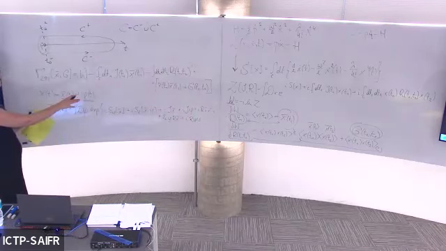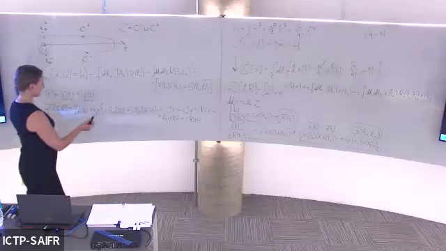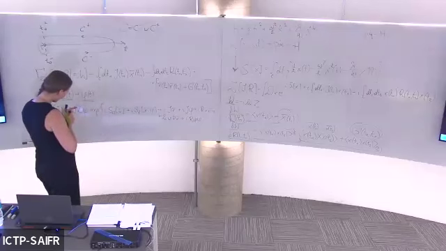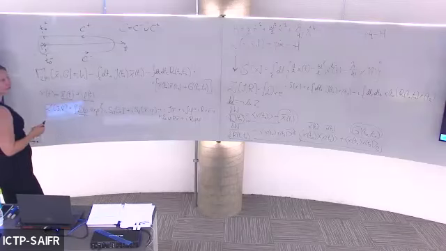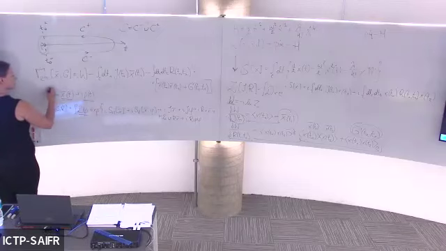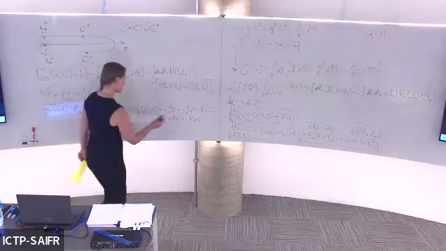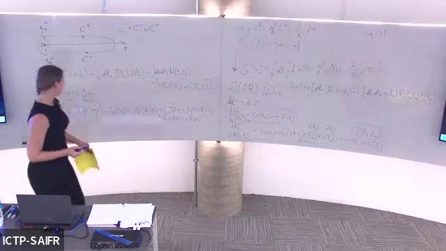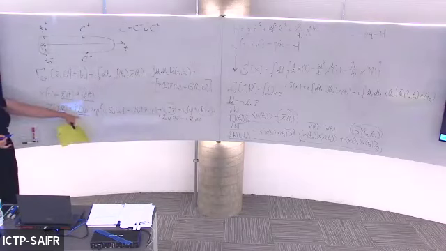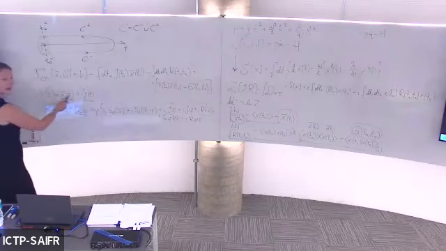I literally just plugged into the generating function. So now what happens? We're under the path integral, but now we have a change of variables, from this guy to this guy. This term and this term do not depend on the variable which we're integrating, so we can take them out. So the exponentials of these terms go out of the integral.